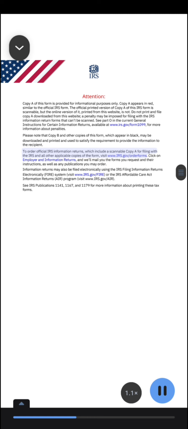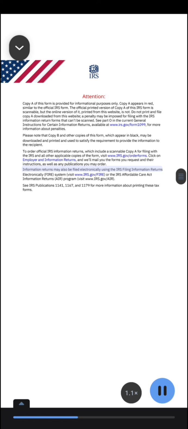To order official IRS information returns, which include a scannable Copy A for filing with the IRS and all other applicable copies of the form, visit www.irs.gov/orderforms. Click on Employer and Information Returns, and we'll mail you the forms you request and their instructions, as well as any publications you may order.